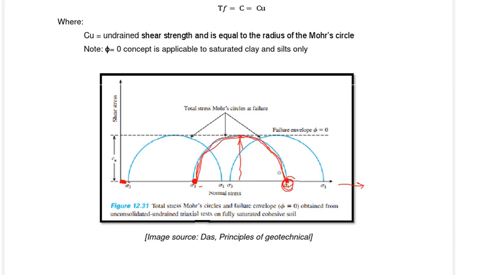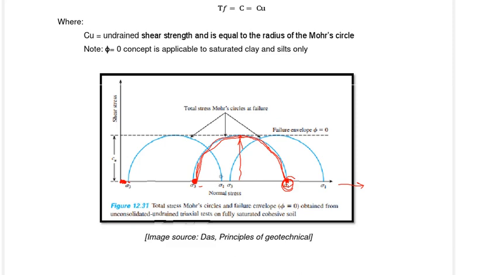So, because the drainage valve was closed during our consolidation phase, no consolidation occurred and the soil did not gain any strength during this phase. Therefore, our undrained shear stress under a confining stress is no greater than the undrained strength measured by an unconfined compression test on the same soil.